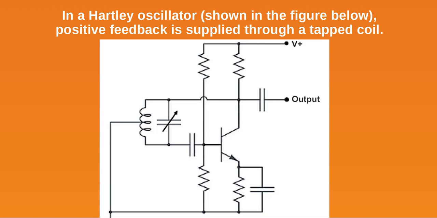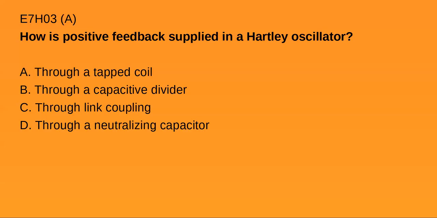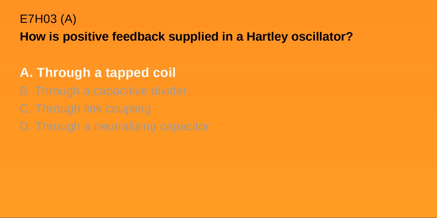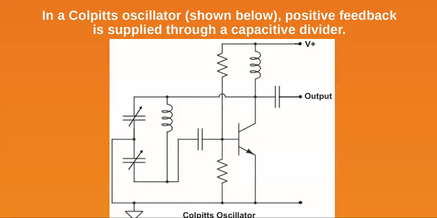Could be a varactor, or it could be a manual rotary capacitor. So how is positive feedback supplied in a Hartley oscillator? Henrys. Alpha. Very good.